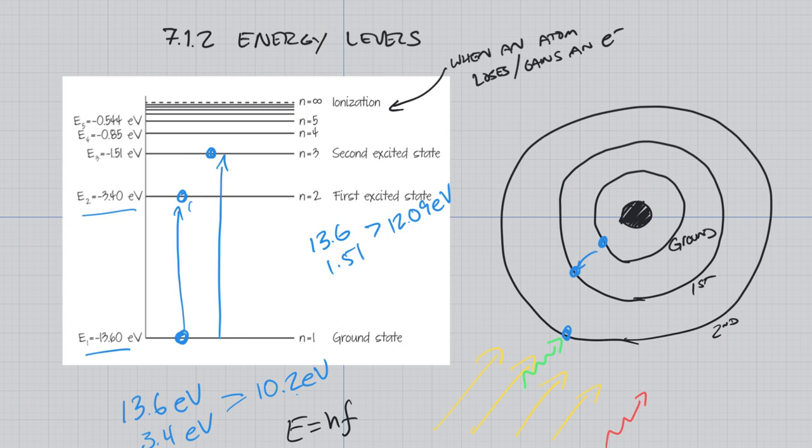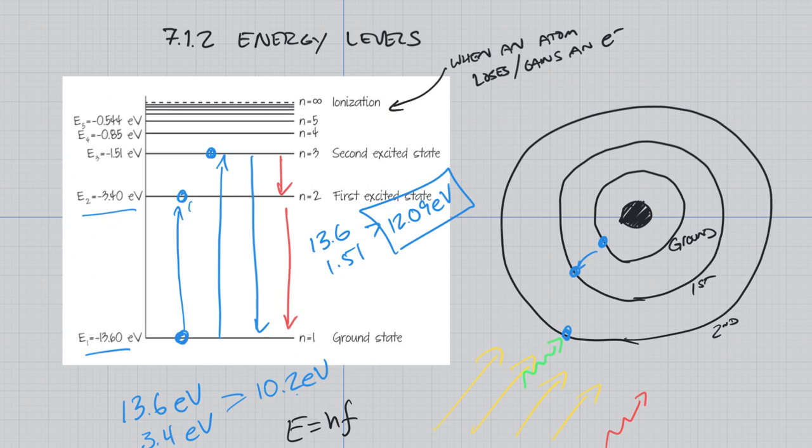It can simply go straight back down this way. In that case, it would release 12.09 electron volts of energy in the form of light. Or it could take this path where it would go from excited state 2 to 1 and then back down there. And so this would be another amount of energy that it's releasing here. So we'd have one beam of light here, one beam of light there.